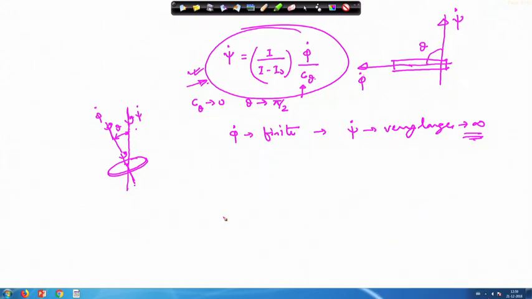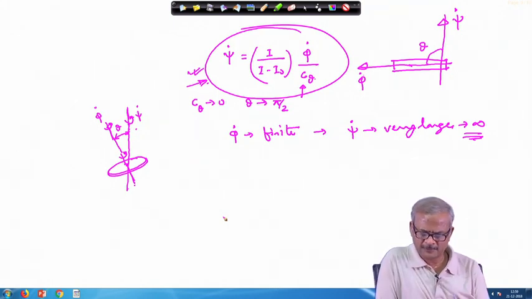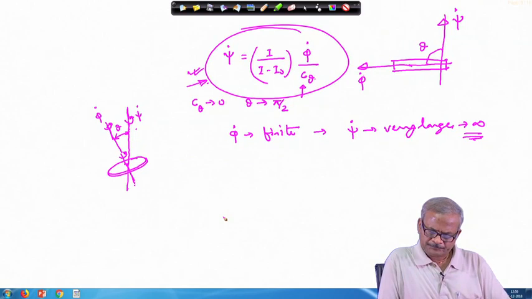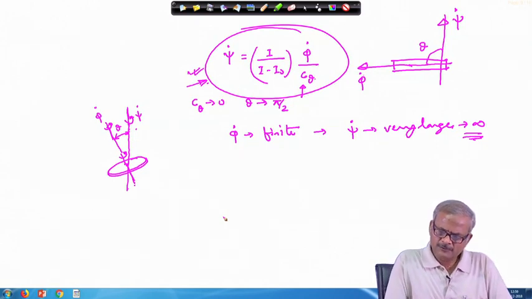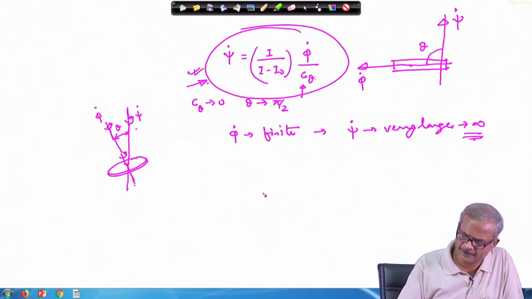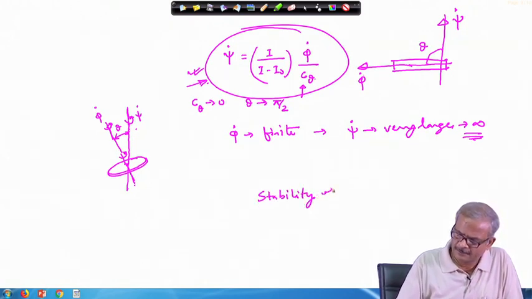I will try to accommodate that part also, because if you get another view of how to work out the same equation, it will be good. But we also have to look into the stability of the rotation. So, the next topic for this will be the stability of torque free rotation.